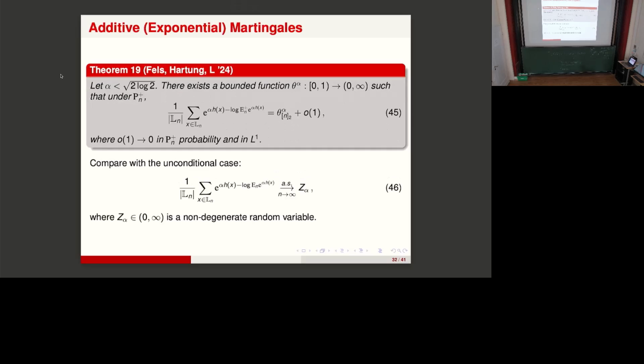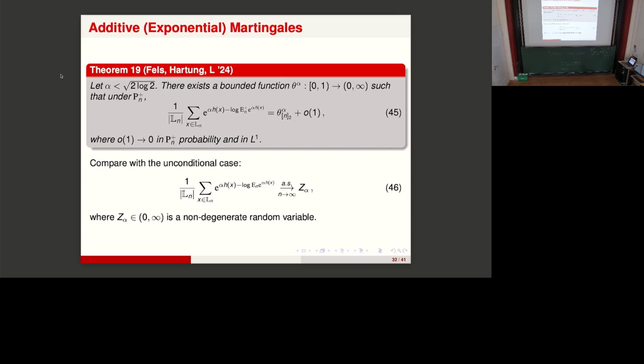And additive martingales. If you look at the subcritical ones, the subcritical Gaussian multiplicative chaos, the total mass in the unconditional case converges to a random quantity.